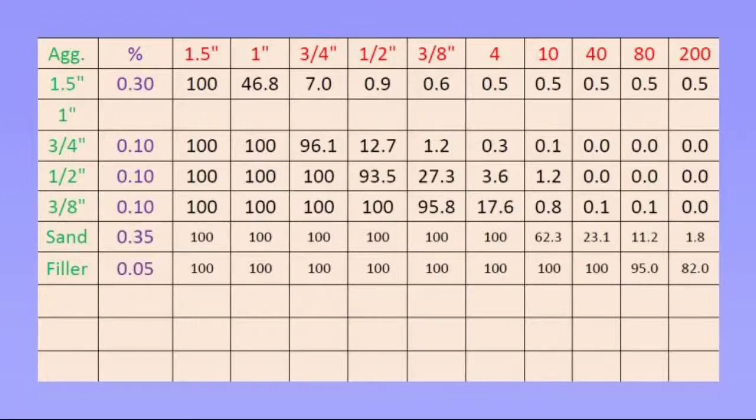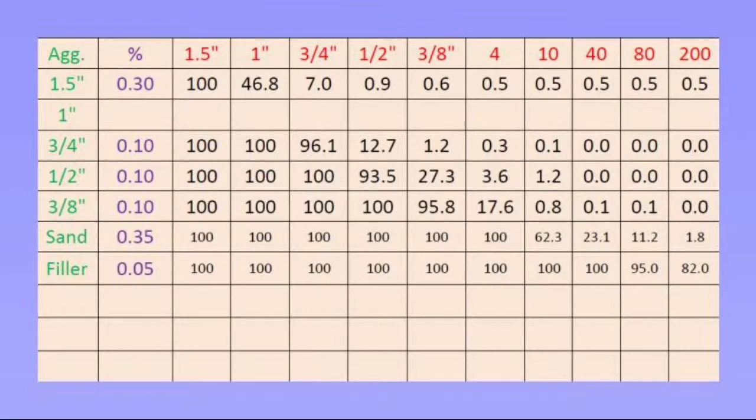Now you put the values of percentage in one column and multiply all the passing percentages by this individual percentage. For example, for 1.5 inch aggregate, all passing percentages of 1.5 inch aggregate are multiplied by 0.30 because 1.5 inch is required 30%.